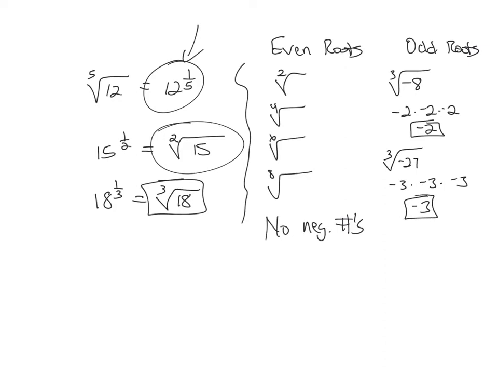And then you can make a negative. So if it's an even root, 2, 4, 6, 8, 10, 12, whatever, can't do it. Odd root, 3, I don't think you'll have any with 5, maybe 1 with 5. Yeah, there's one of them with 5. You can do those.